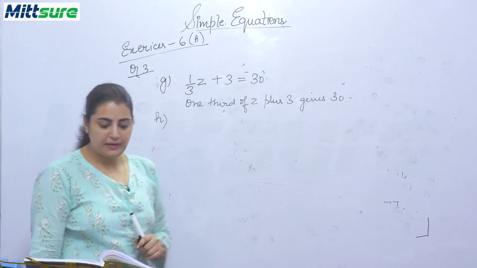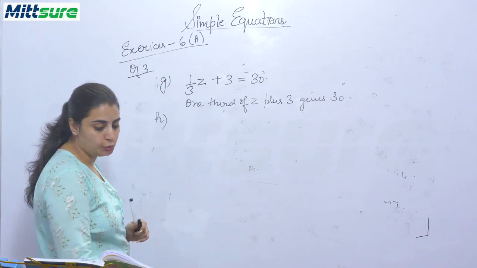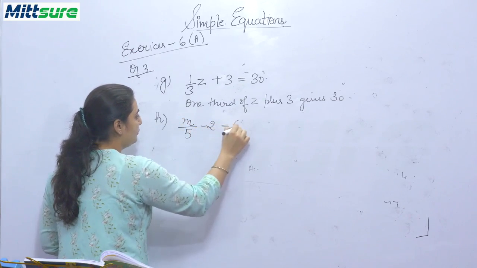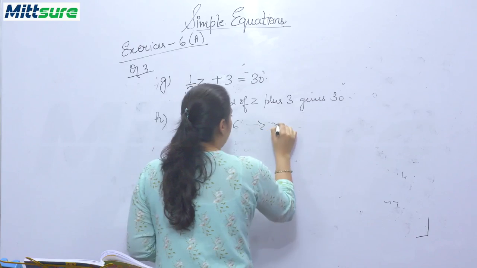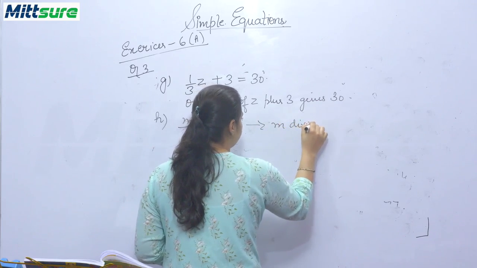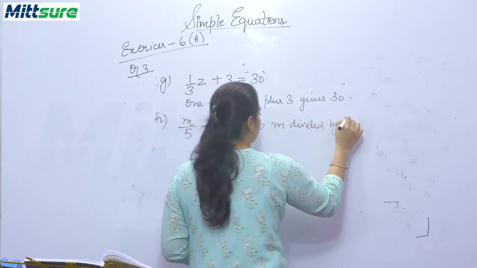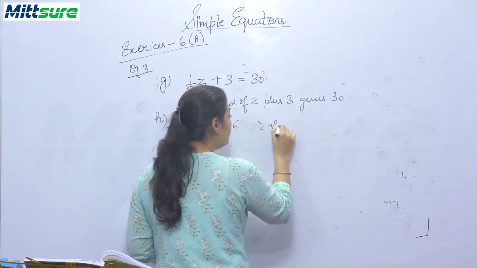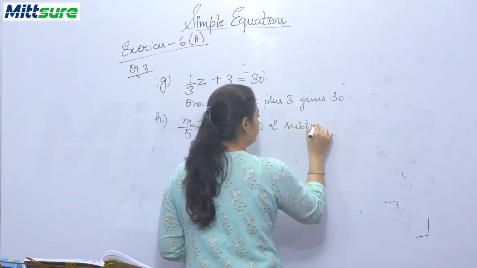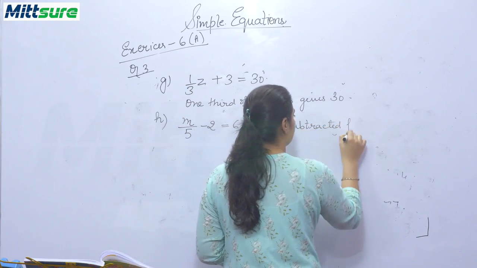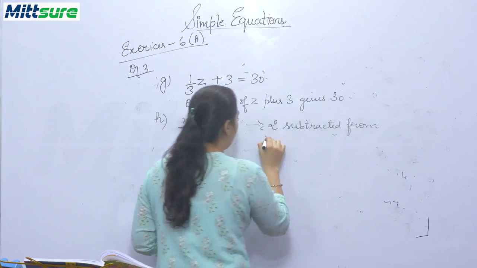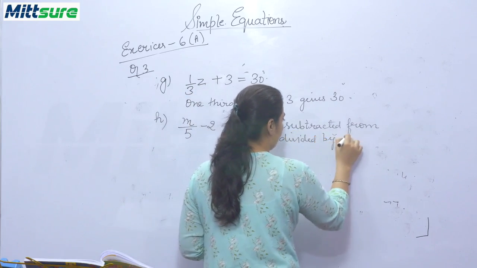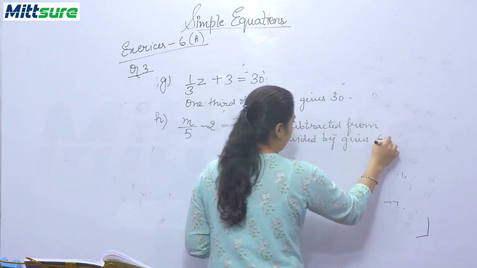H. H part says m upon 5 minus 2 equals 6. m upon 5 minus 2 equals 6. m divided by 5, or we will write it as 2 subtracted from m divided by 5, gives 6.